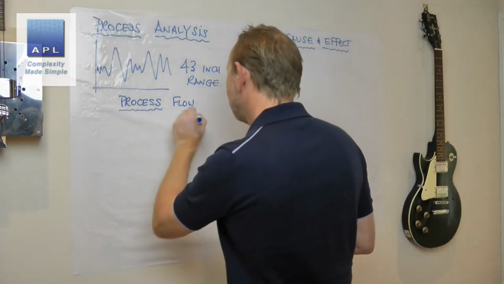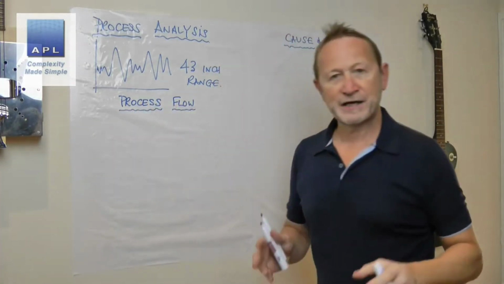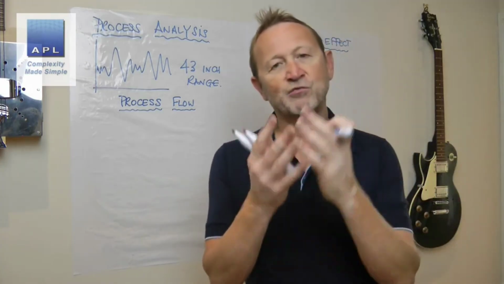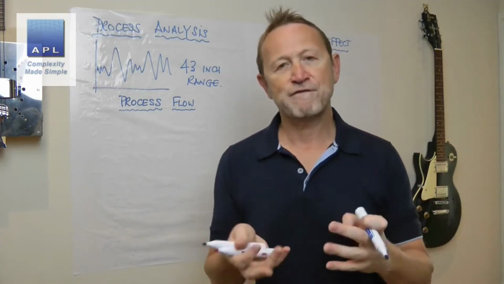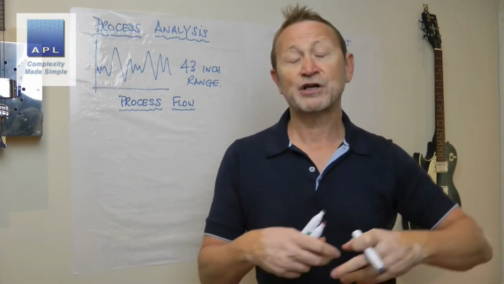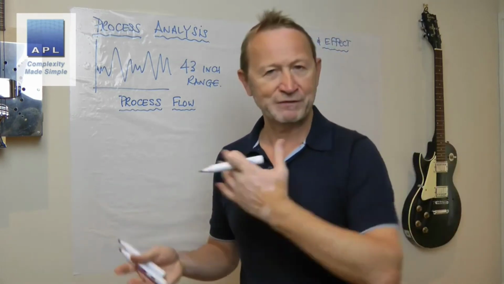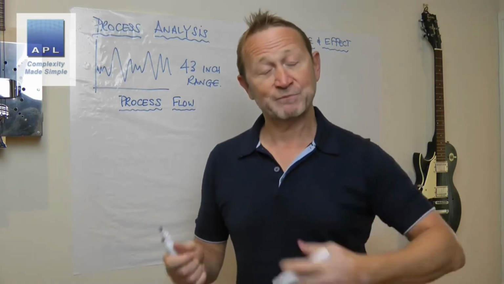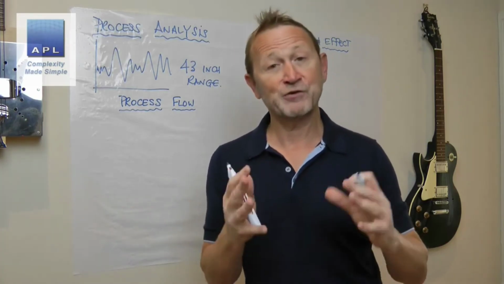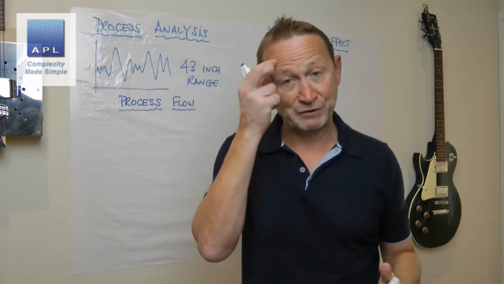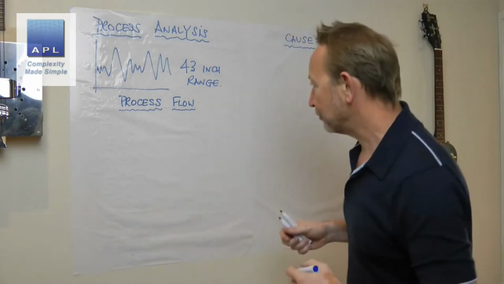So the first thing we want to do is the process that we've just gone through in firing that catapult, right from the point where we did the setup to the point where we started producing. And the process flow will be a flow diagram of the production process. So let's just go through this.